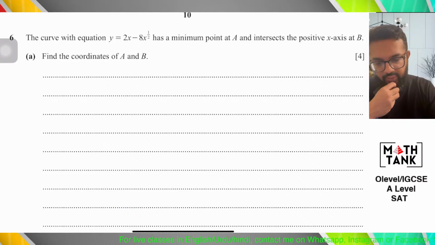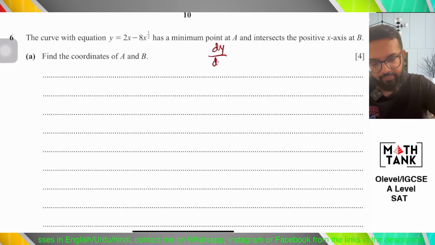The curve with equation this has a minimum point at A, so dy by dx should be 0, and intersects the positive x-axis at B. So y is 0.